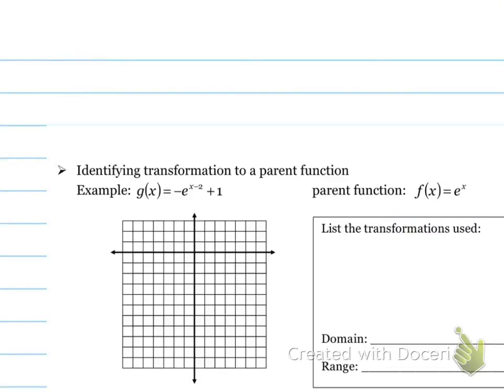Okay, so now we're going to translate the parent function involving the base of e. The first thing I'm going to do is write down the transformations that we used. The first one that sticks out is the negative right in front, and we know this as a vertical flip or reflection.